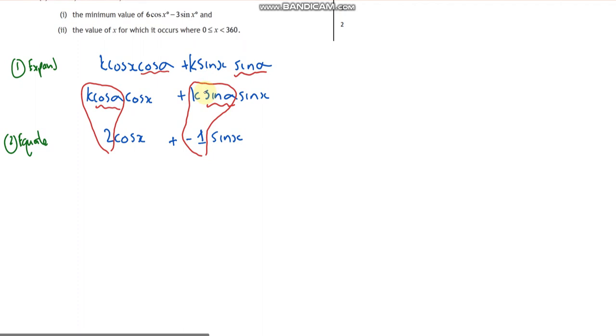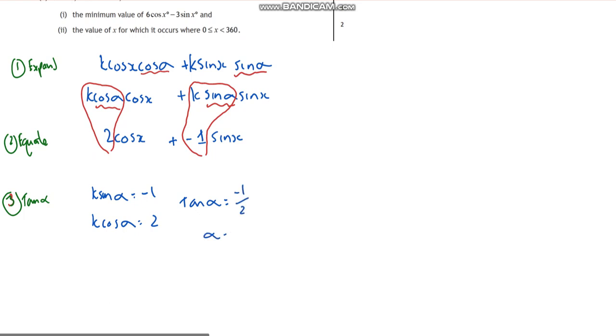And then we're on to doing our tan alpha. So I know that k sine alpha is negative 1. K cos alpha is 2. So therefore tan alpha is going to be sine over cos.